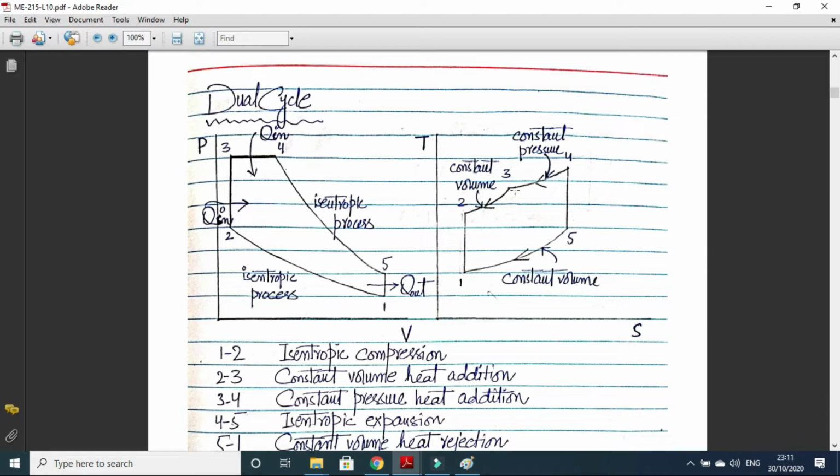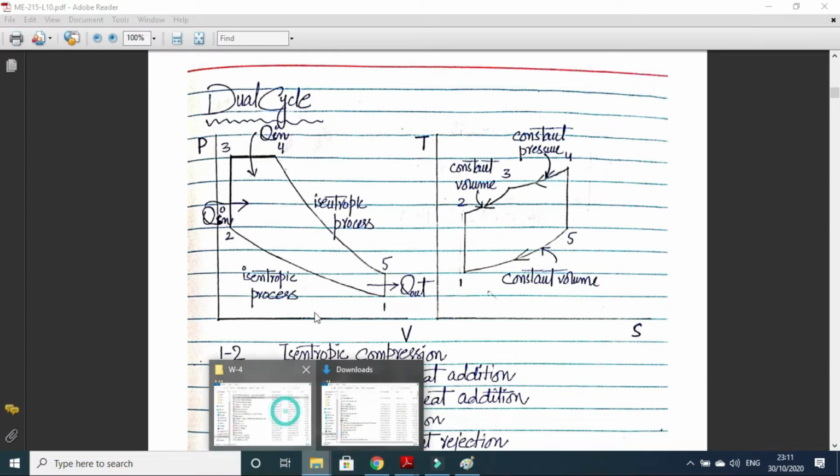But the process 3 to 4 is a constant pressure heat addition process. So during this process, work will also be done. So some heat which is provided to the working fluid will be used to do the work. So the temperature rise will be lower. So this is the scientific reason, this may be asked in the examination.